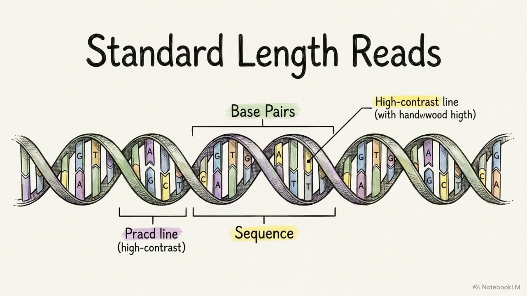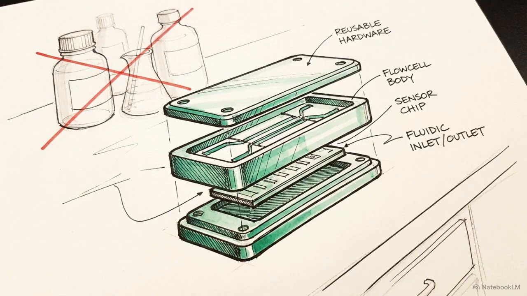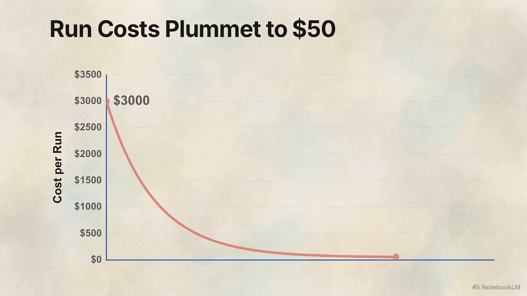Standard reads routinely reach 10 to 100 kilobases, and specialized preparations have yielded continuous, unbroken reads over 2 million bases long. Eliminating expensive fluorescent dyes and utilizing reusable flow cells significantly cuts overhead, driving run costs on portable devices down to $50 to $100.